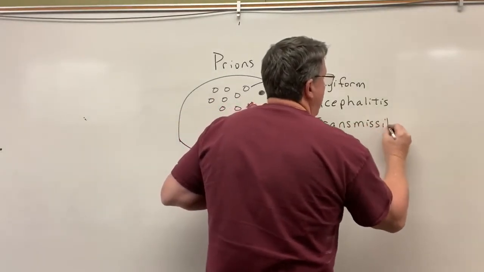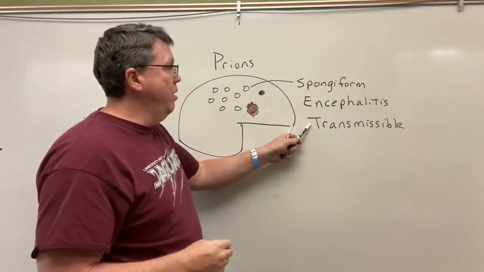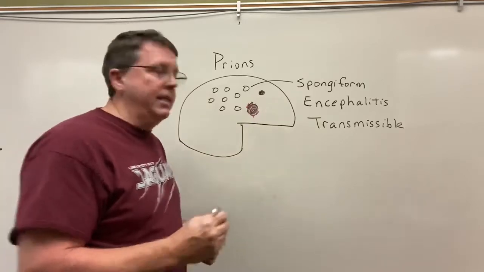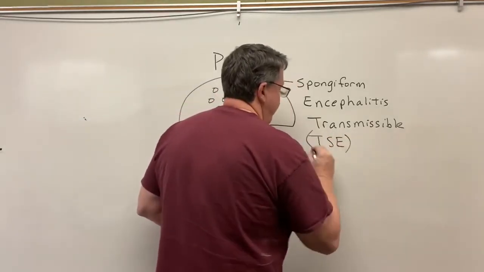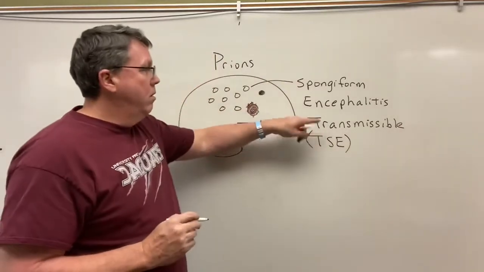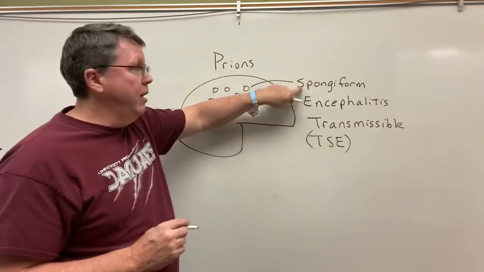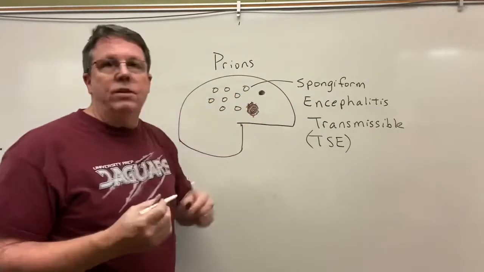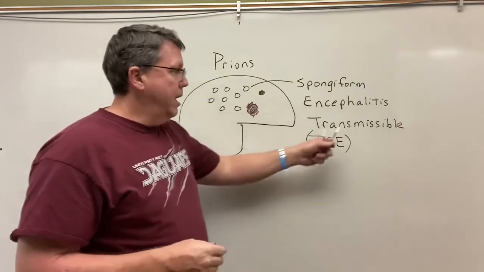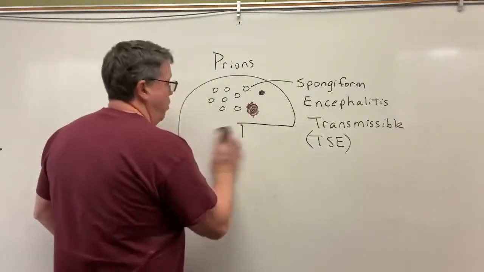So prions actually cause a condition called transmissible spongiform encephalitis, or better known as TSE. Okay, so transmissible spongiform encephalitis. I got inflammation of the brain, I'm getting holes in the brain so it looks like a sponge. Okay, and it's transmissible. So let's look at how our prions are formed.